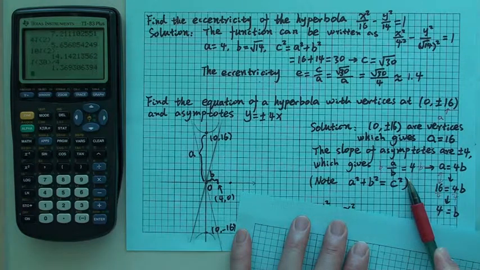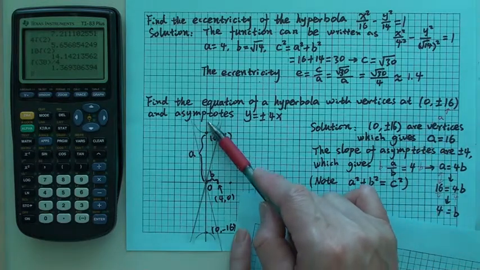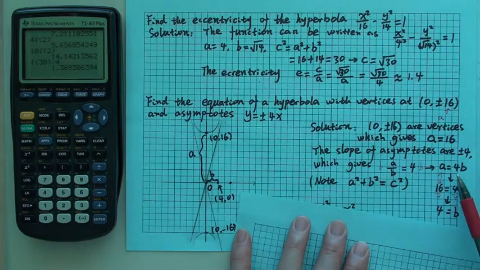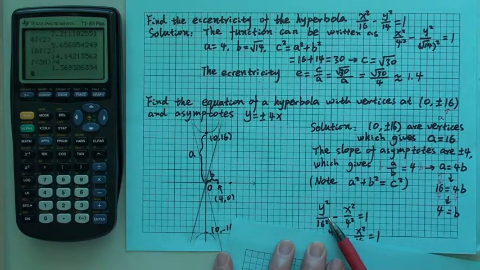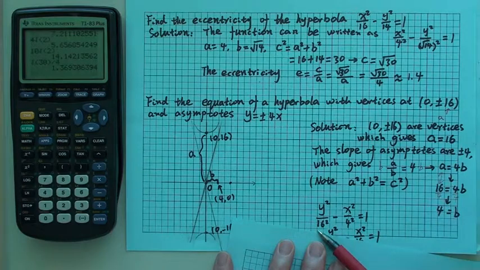First of all, the vertices are on the y-axis. So you know the a term, 16 squared, goes under y, with positive sign. So y squared over 16 squared minus x squared over 4 squared. The term in front of b squared is always negative, because we were told whichever is positive will be a.